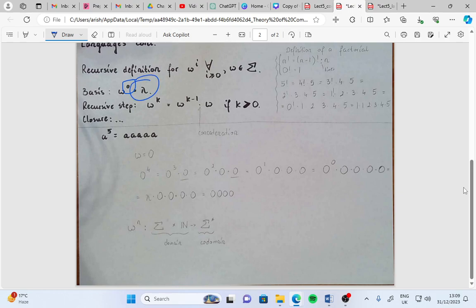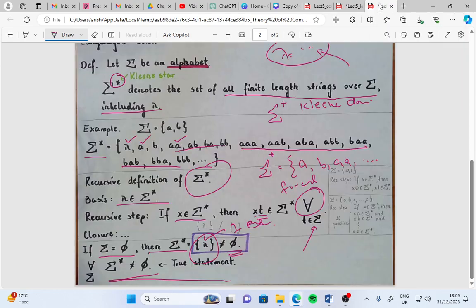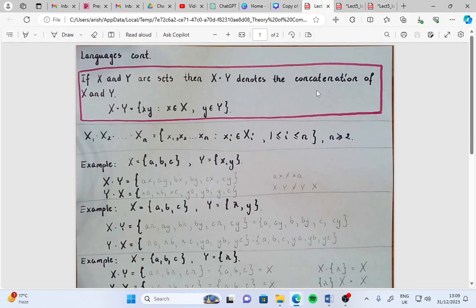Then we call the recursive step in this way: w power k is equal to w power k minus 1, concatenated with w. It means it will be 1, and there is a concatenation. This is a mathematical rule that if we have a power 1 and we don't write it, then minus 1 plus 1 will be cancelled, and that is equal to w power k. So in this way we can understand the recursive step a little bit more.